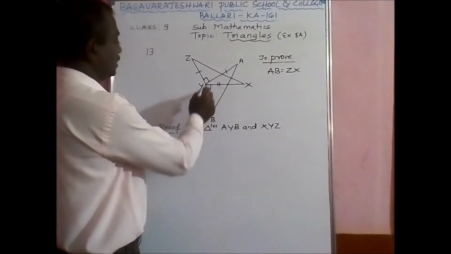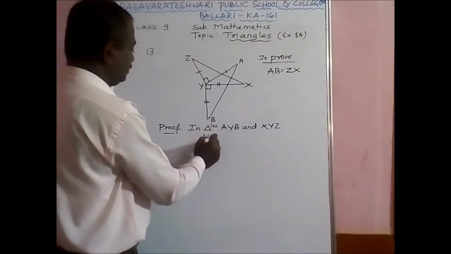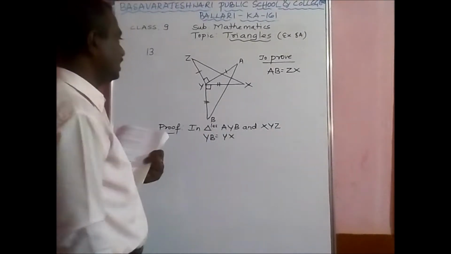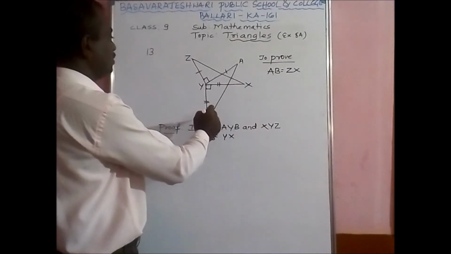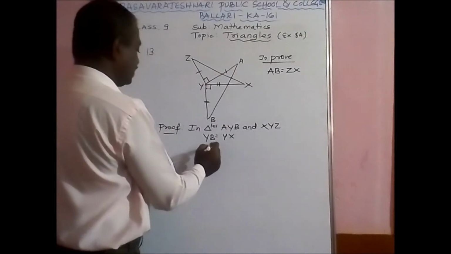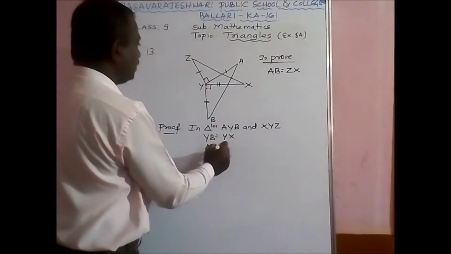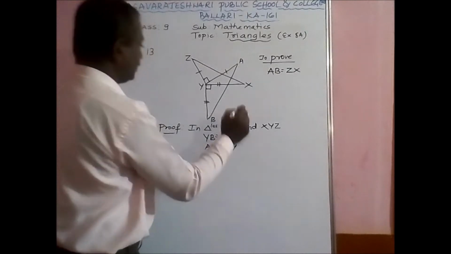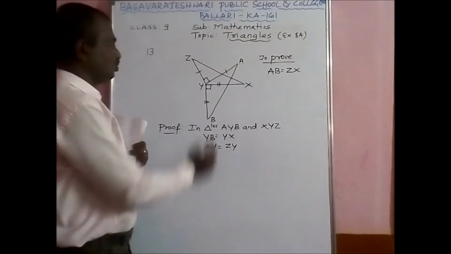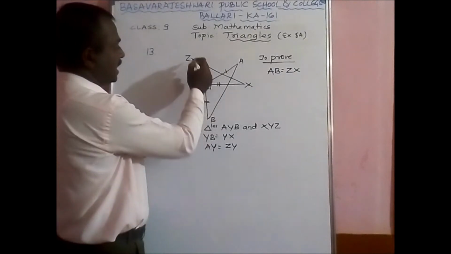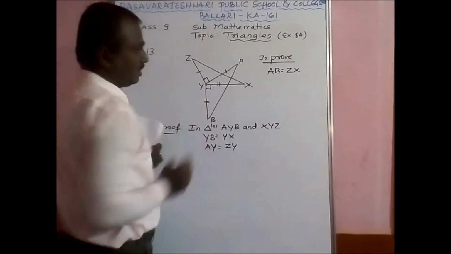So YB is equal to YX. Then AY is equal to ZY.